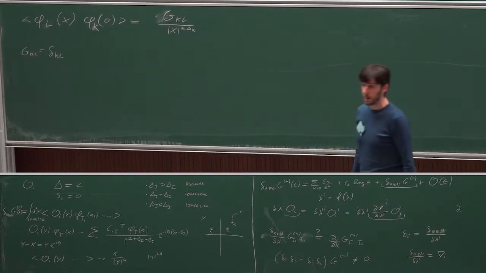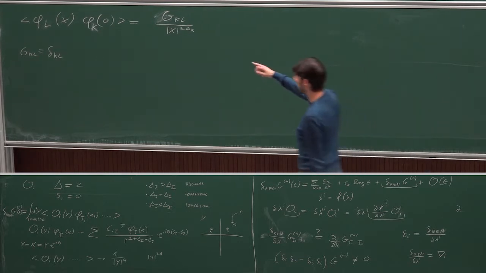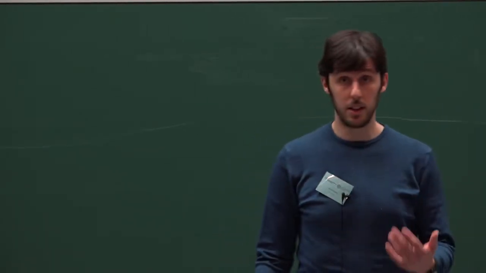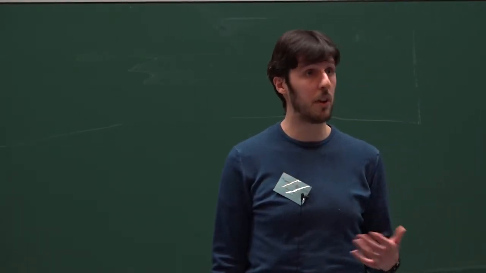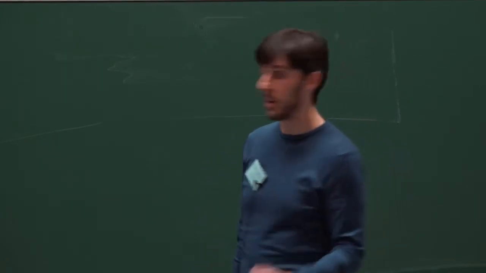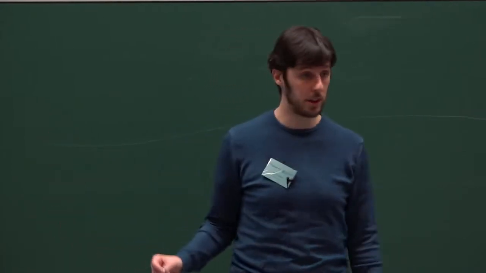And in general, there might be other reasons why this normalization is fixed. For example, if these operators correspond to currents of some symmetries, then their normalization is fixed in terms of how they act on the rest of the spectrum. The algebraic relations will fix the normalization of these operators.